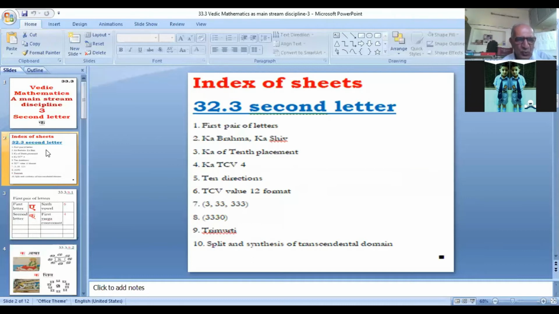This takes to TC value 12 format as self-referral domain, six-space domain is formatted within a transcendental boundary of 12 components. As the transcendental boundary is of a solid order, as such, 3 space in the role of a dimension will sequentially take us to value 3, 33, and 333.